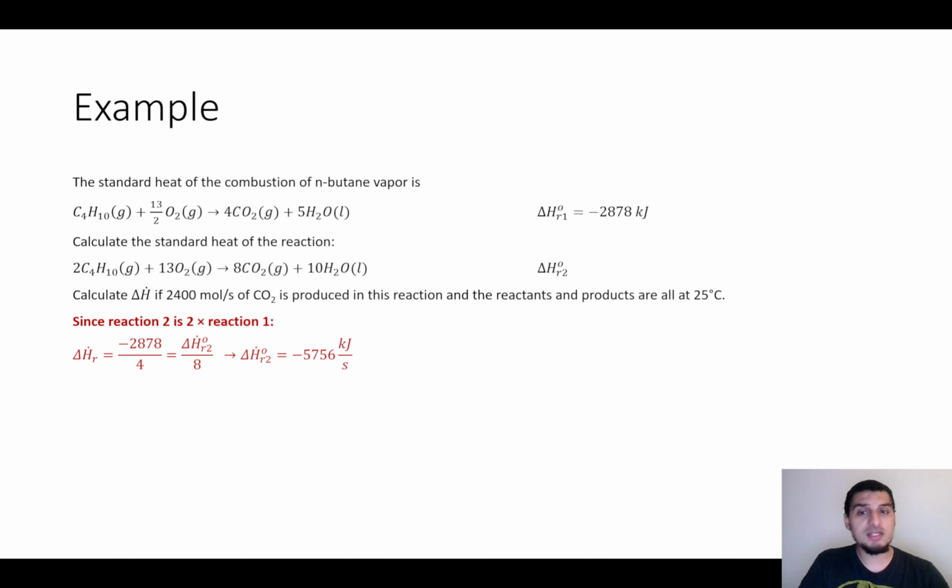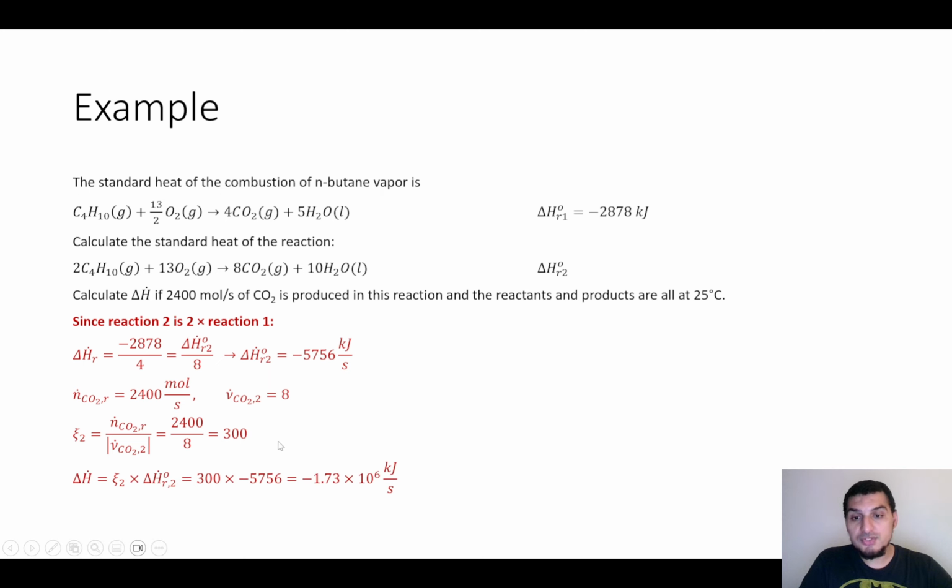The extent of reaction is the molar rate of carbon dioxide produced divided by the stoichiometric coefficient. Now the stoichiometric coefficient of carbon dioxide is 8, so it's 2400 divided by 8, which is 300.